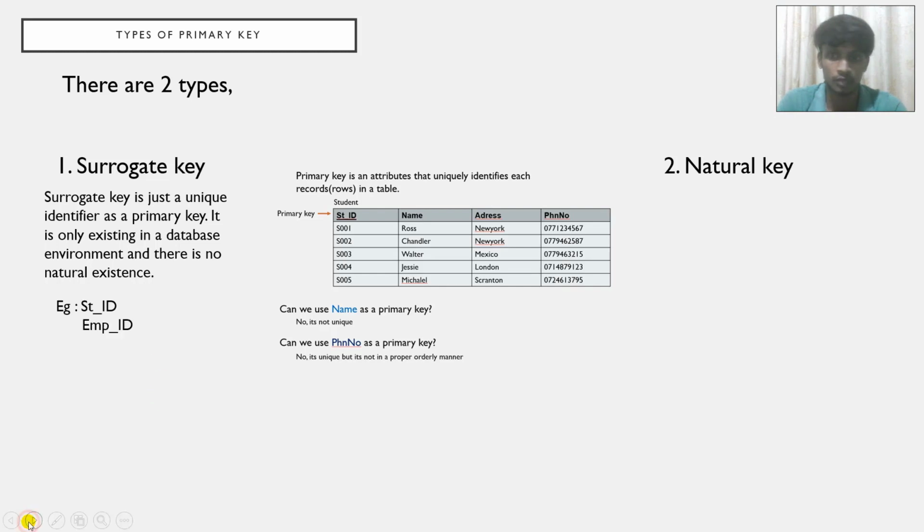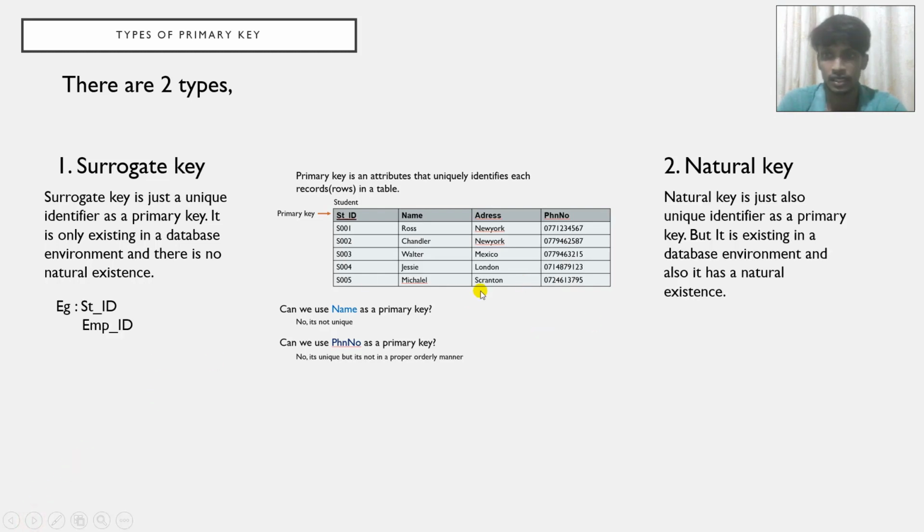So what about natural key? A natural key is also a unique identifier used as a primary key, but it exists in a database environment and also has a natural existence. That's why I told you that before. If you initialize NIC or license ID as a primary key attribute, those are natural keys.